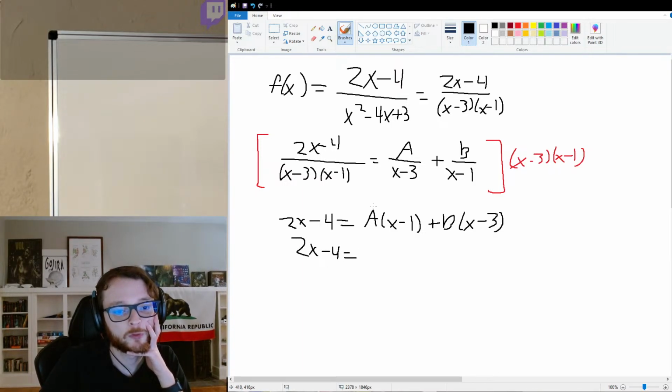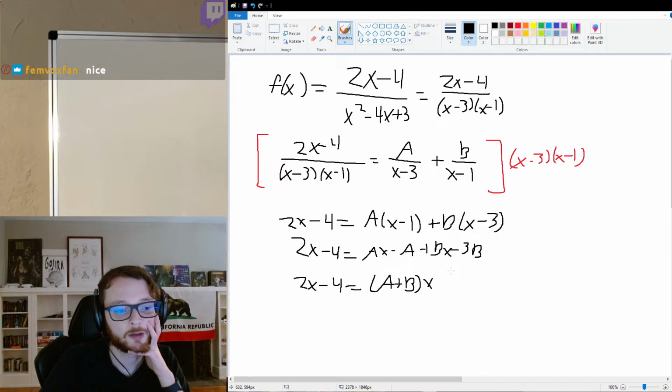I'm going to multiply the A's and the B's into their parentheses. And then let's group things by the power of x they have. So we have an Ax plus Bx. I'm going to say A plus B times x. And then we have constants minus A and minus 3B.